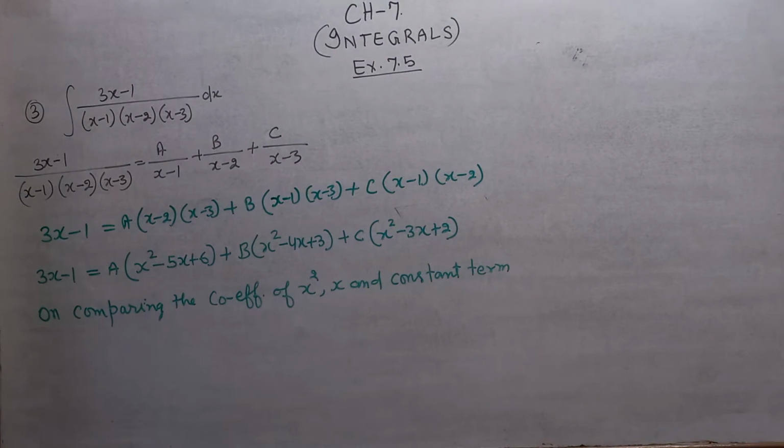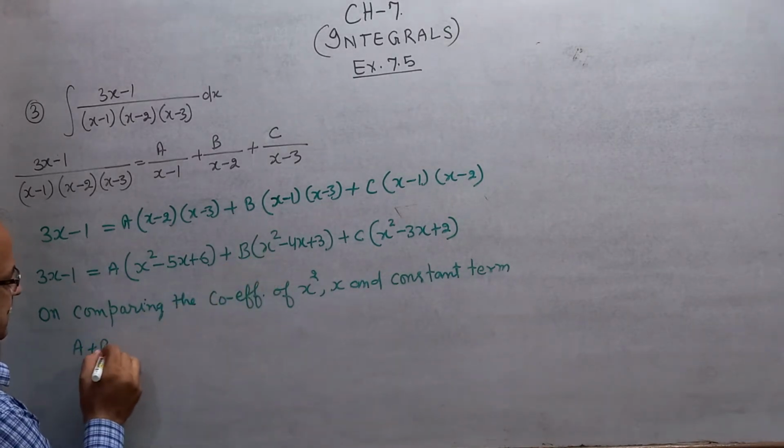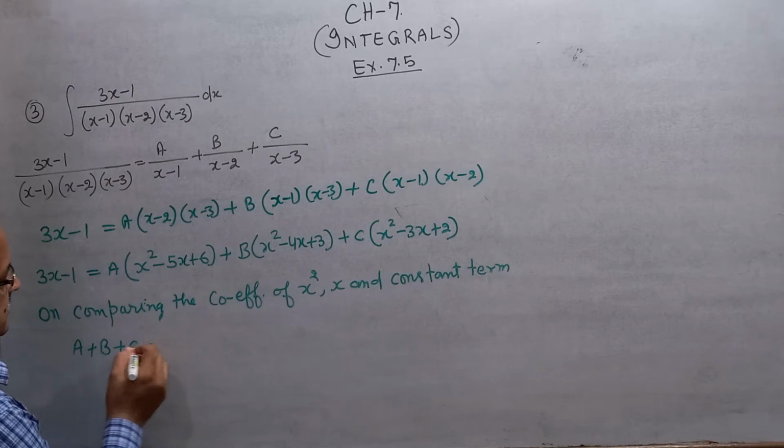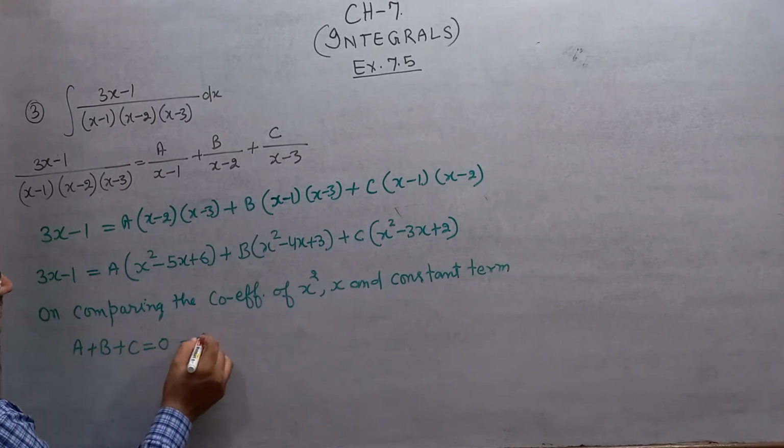Now can you tell me the coefficient of x square? When you multiply this with this, a plus b plus c. But here the coefficient of x square is 0. This is the first equation.